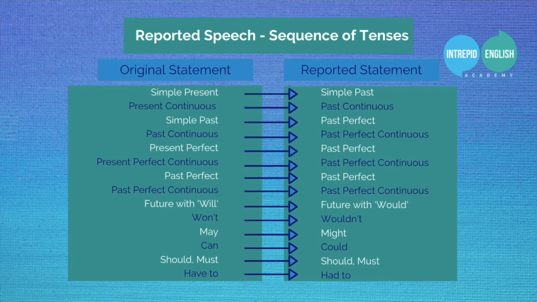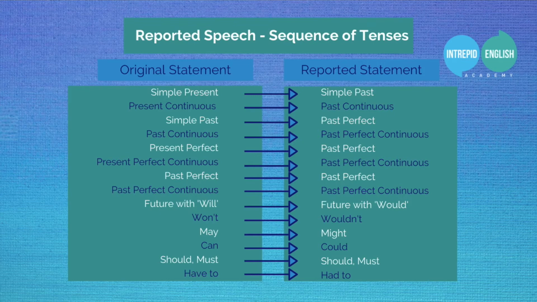On the left-hand side, you can see the verb tenses that people use when they are speaking in normal conversation. Sometimes we call this original, or sometimes it's called direct. On the right-hand side, you can see the verb tenses that we use to report what somebody said. We call this reported or indirect speech. We use those terms interchangeably.